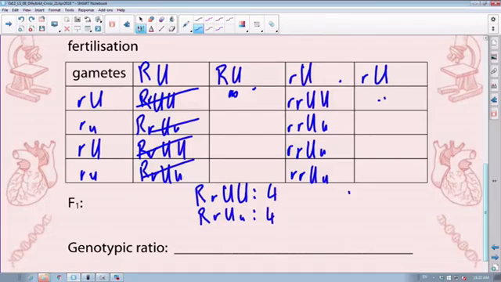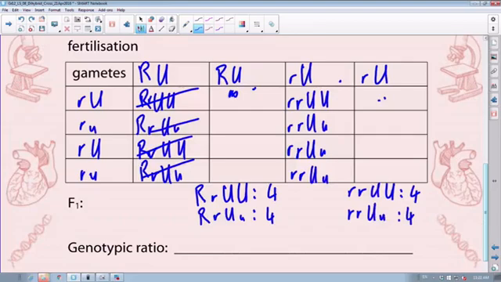And over here we have small r, big U, and we'll have four of those, and we'll have big R, big U, small u, and we'll have four of those. Okay, so what can you see from that?